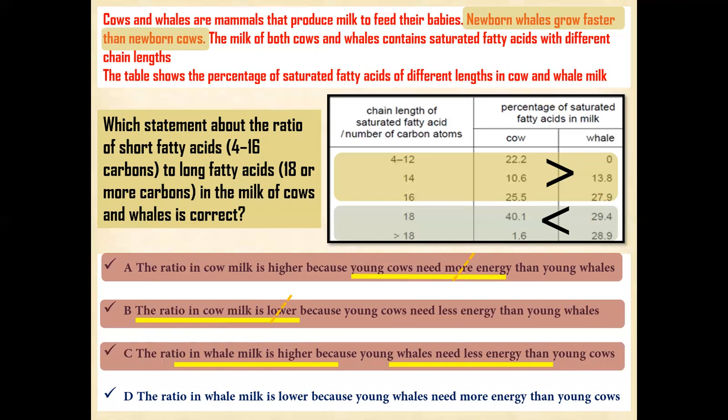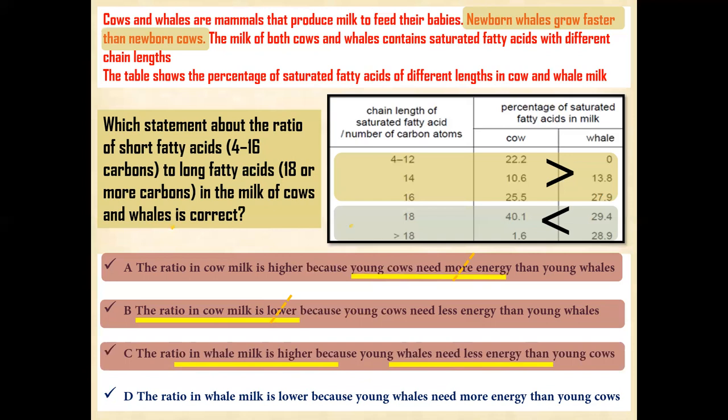So this statement is against the given data. What about the young whale needing less energy? According to the question statement, the young newborn whale is growing faster, so it needs more energy. That's why these statements are against the given statement.